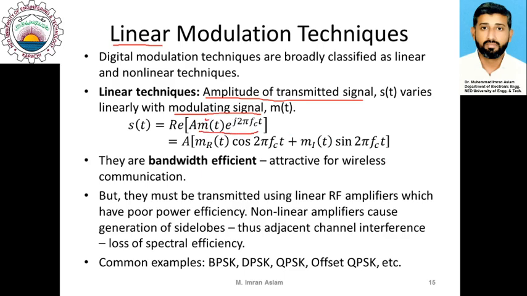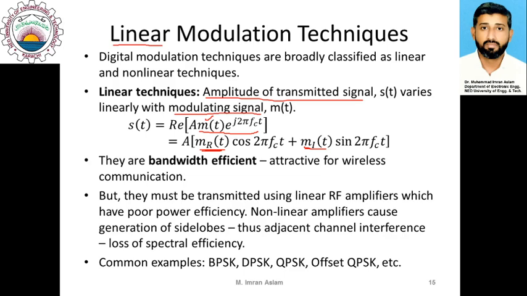This m(t) represents the modulating signal and e raised to the power j2 pi fct represents the carrier signal. Because of the complex nature here, we can represent this in two different parts. The first one, m_R, represents the real part and m_I represents the imaginary part.